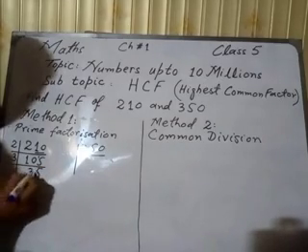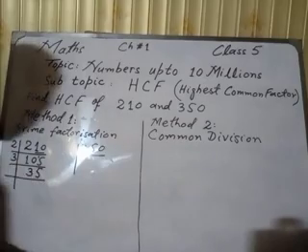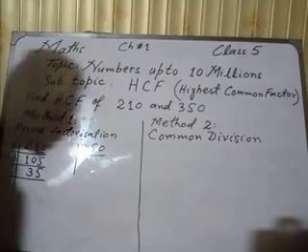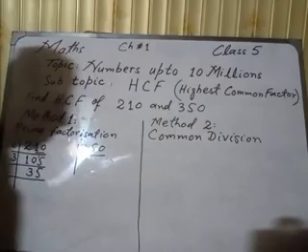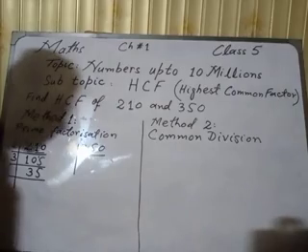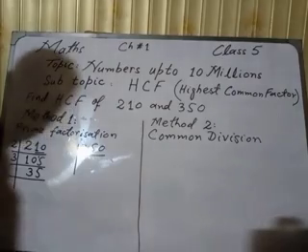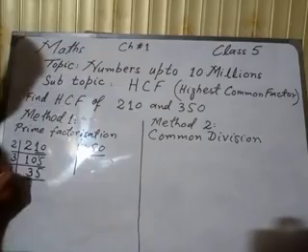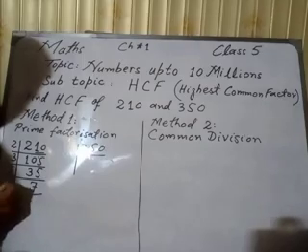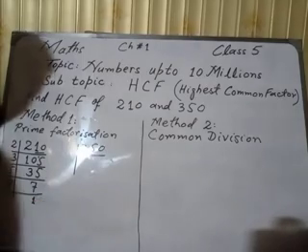Now this number is 35. Add up the digits: 3 plus 5 is 8. It cannot come in the 3 table. Therefore, 35 cannot be divisible by 3. Now you can see that the last number is 5, therefore it will be divided by 5. 5 sevens are 35 and then 7 ones are 7.